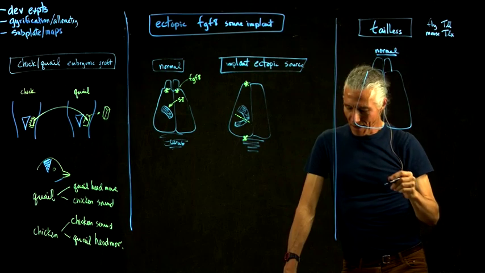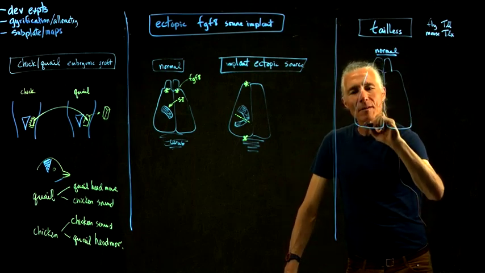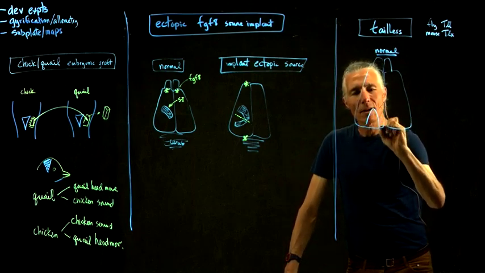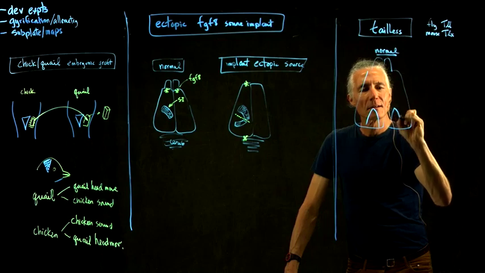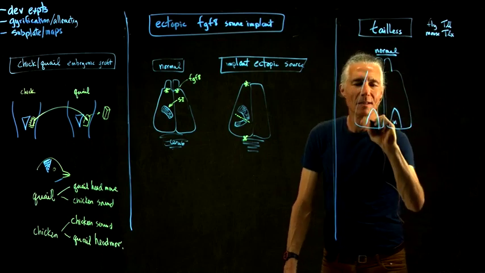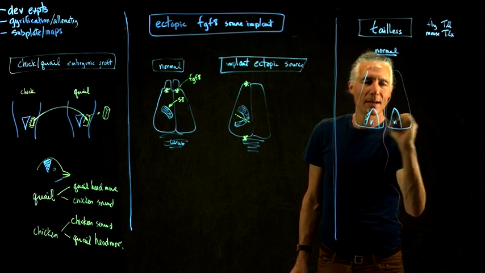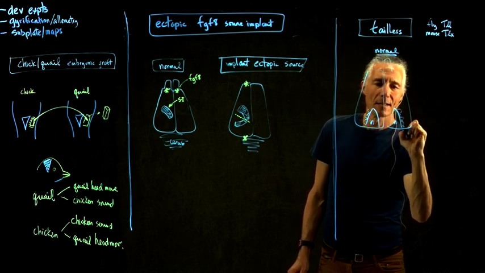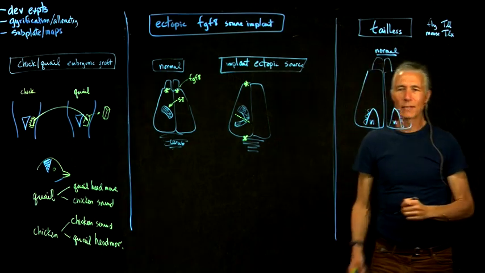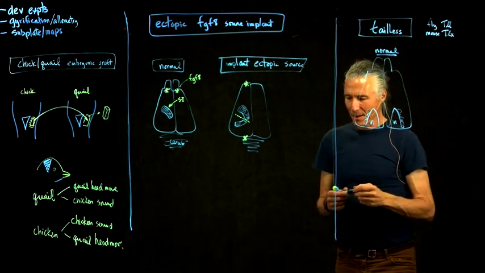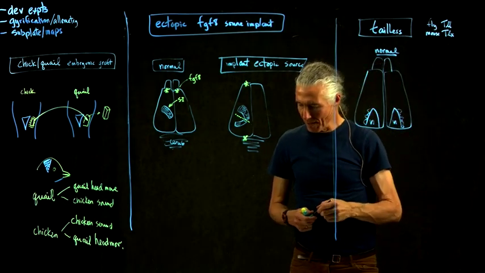If you look at this one, there's a big area back here called V1, the first visual area, and there are some areas alongside of it that are higher visual areas.